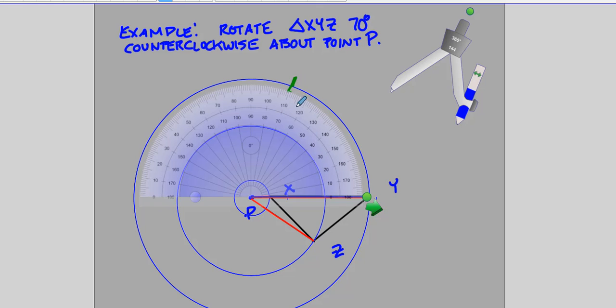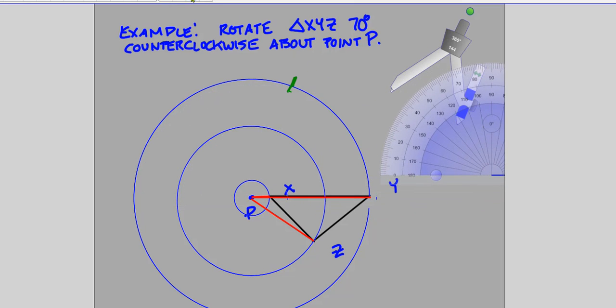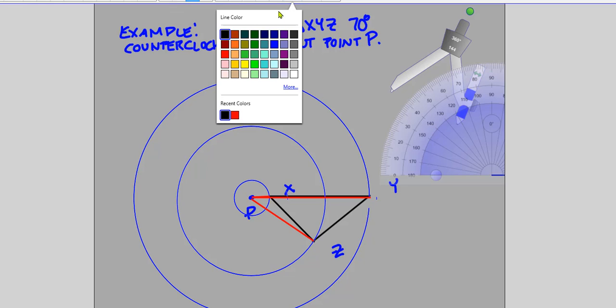Now I am going to move the protractor out of the way here, if I can. I'm going to draw a line segment to that green mark there. Let's do a different color so we can distinguish what we're doing.